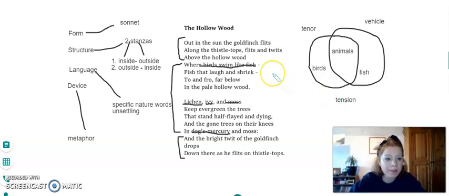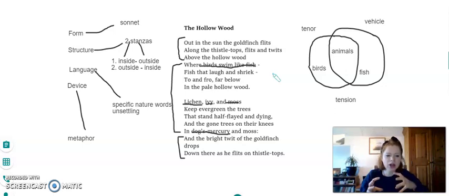But within that, they're just two different things, and one doesn't help us think about the other in a new way, other than to create an unsettling effect. Birds aren't fish, and fish aren't birds, and so there seems to be in this hollow wood a surreal, slightly unnatural thing going on.